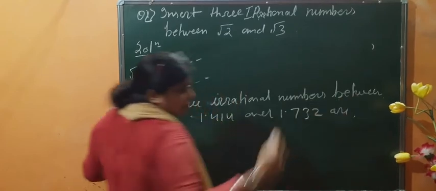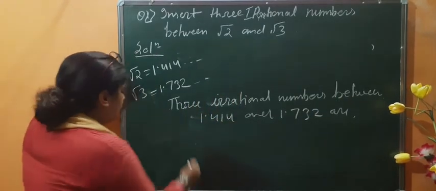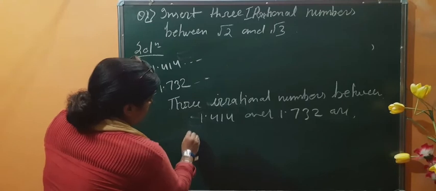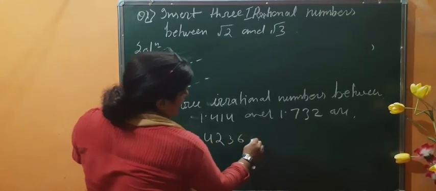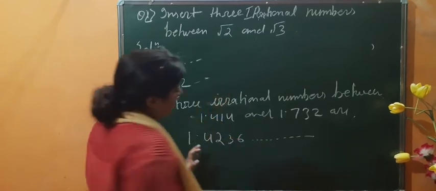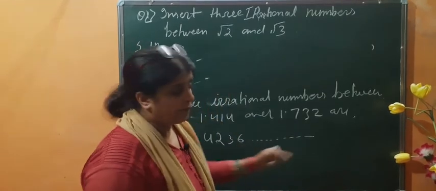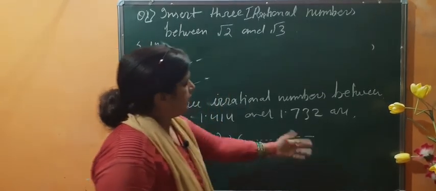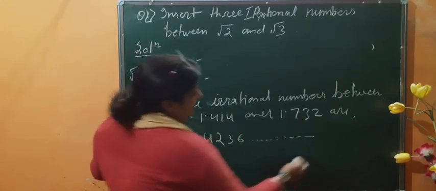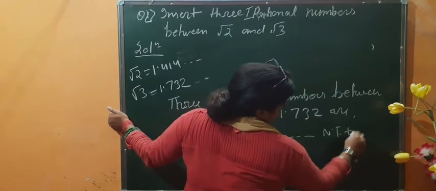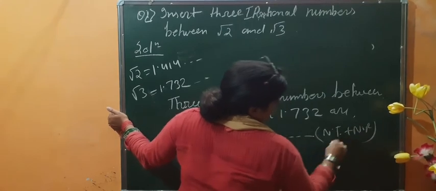See what I am going to do, non-terminating. So I will write 1.4236 dot dot dot dot. Non-terminating means there is no end to the digits after the decimal. So it is non-terminating and non-recurring. There is no repetition of the digits. So it is non-terminating plus non-recurring. It means this is an irrational number.